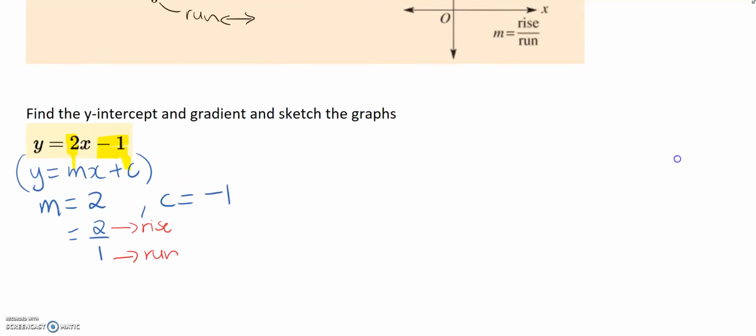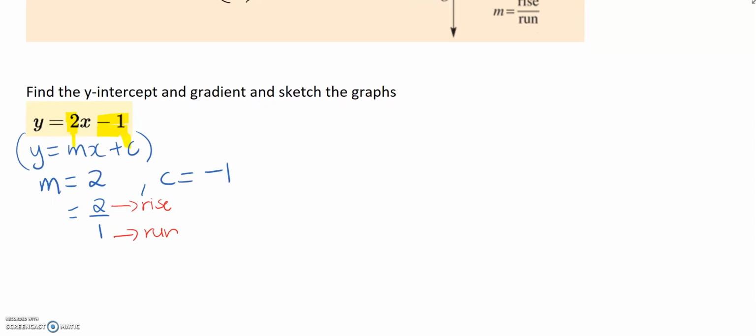The easiest way to do this is to draw our axes. So let's draw them: that's our x and y axes.